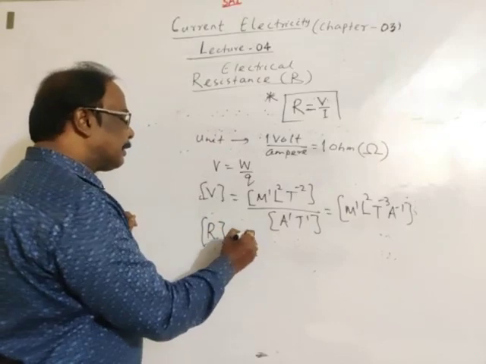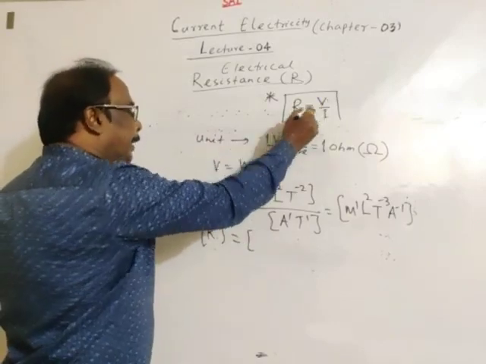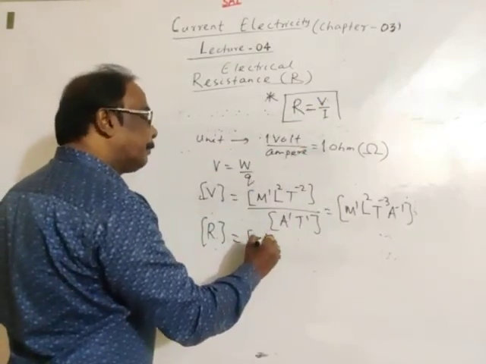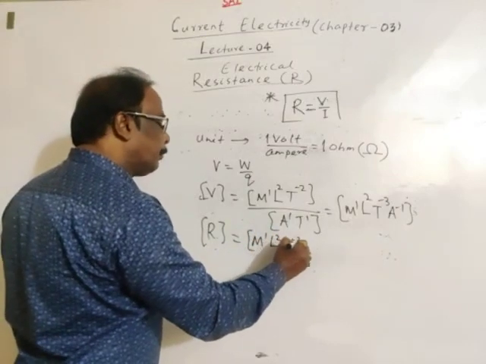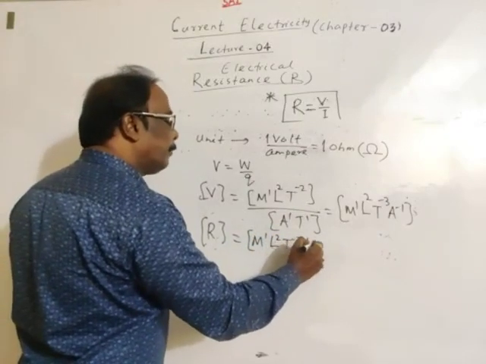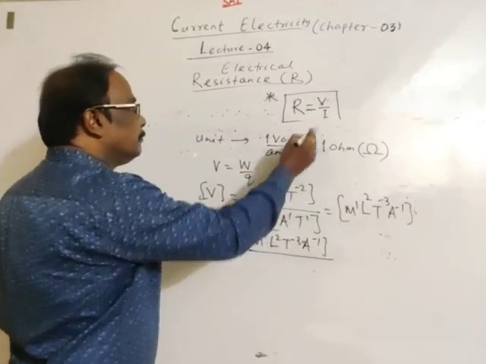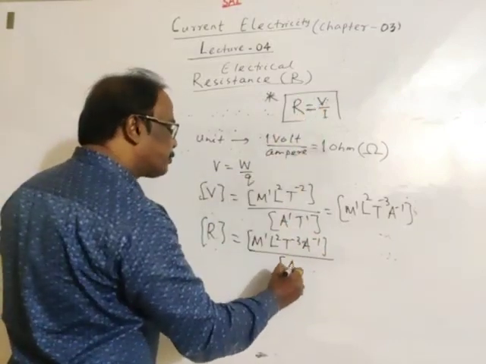Now the dimensional formula of resistance: potential difference, M^1 L^2 T^-3 A^-1, divided by I, the current.